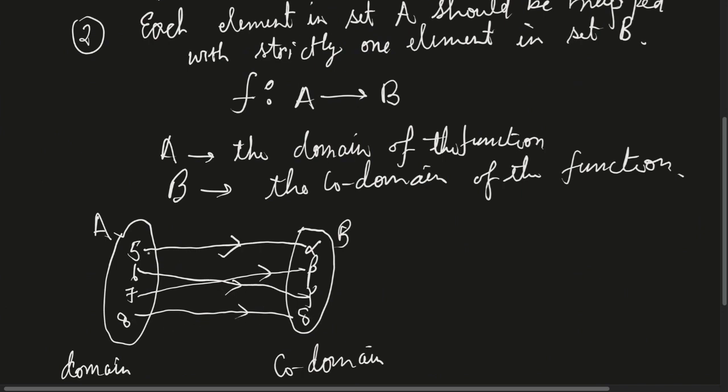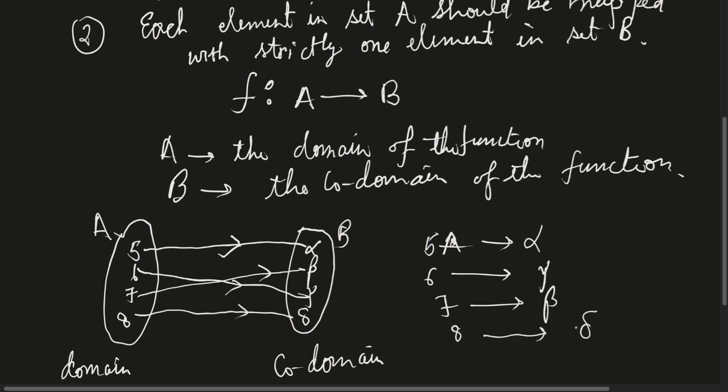So, what have we done? We have mapped each element in set A with strictly one element in set B. Element 5 in A has been mapped with alpha. Element 6 in A has been mapped with gamma. Element 7 in A has been mapped with beta, and element 8 has been mapped with delta.